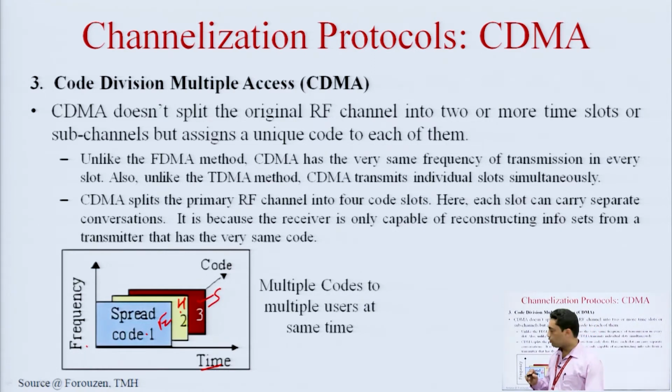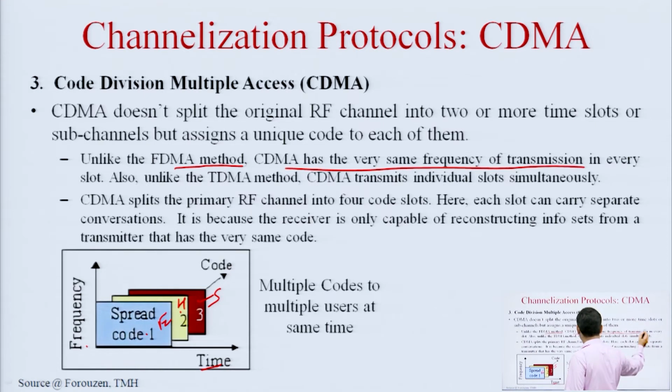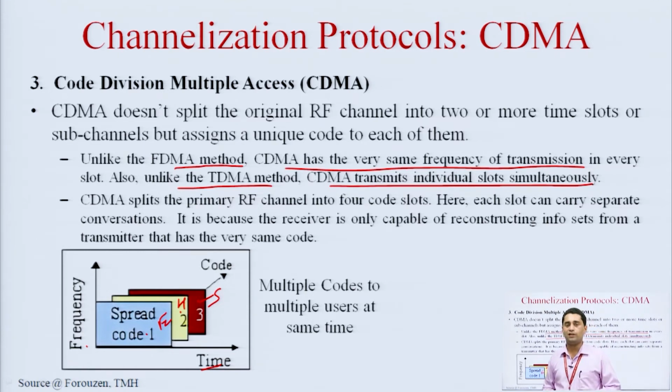Okay? Now, focus on this. Unlike FDMA, CDMA has the same frequency for the transmission, no multiple frequencies are required. Unlike the TDMA method, CDMA transmits in the same time slot, where multiple users can access. So, this is the advantage of CDMA over TDMA.